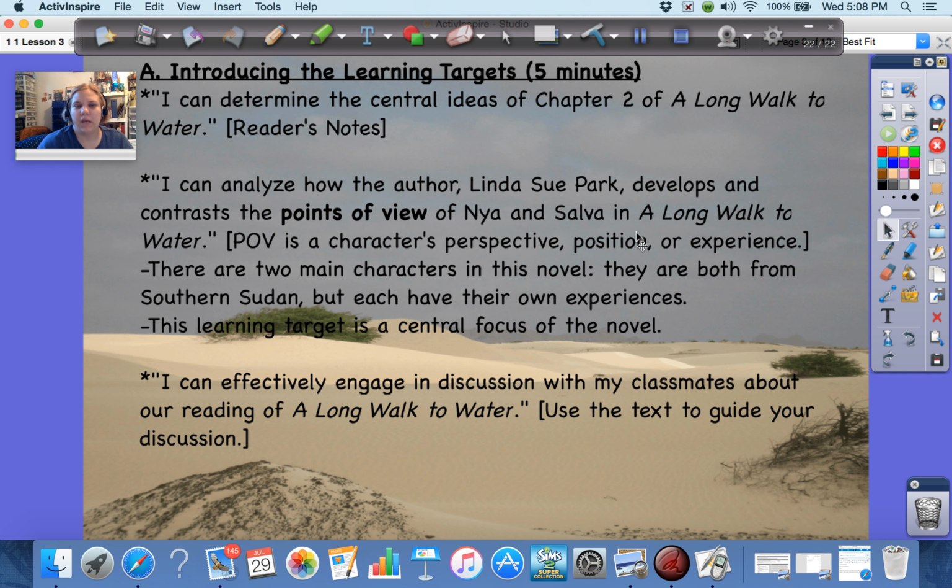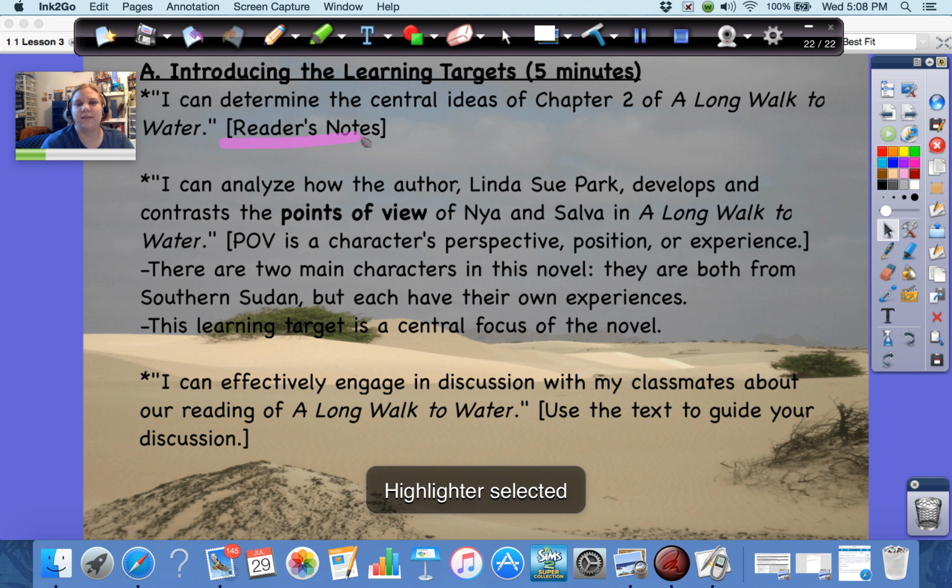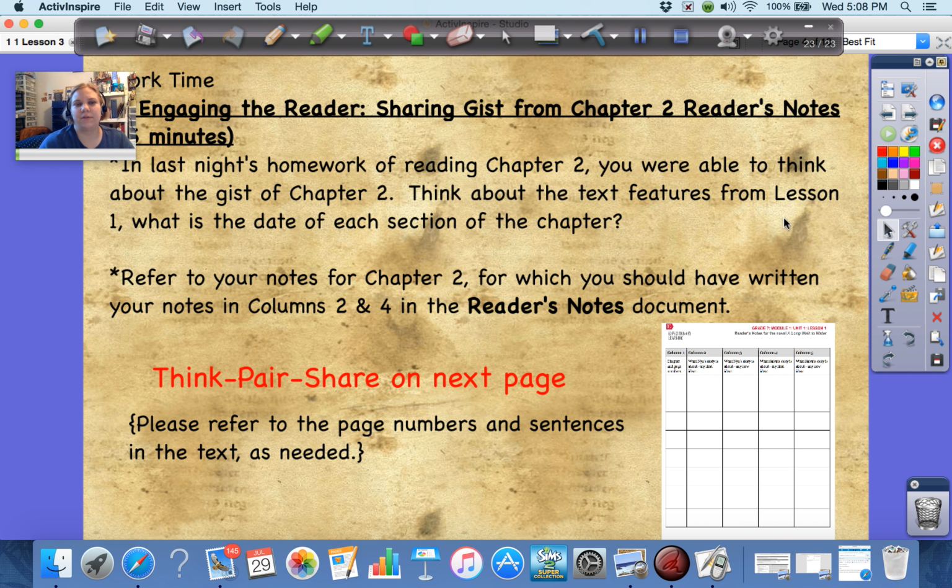This learning target will be assessed by the reader's notes, that handout that we're continuing to work on. When we are talking with our partners, we want to make sure we're using the text to guide our decisions. So we want to keep going back to the actual text to check what we're saying.